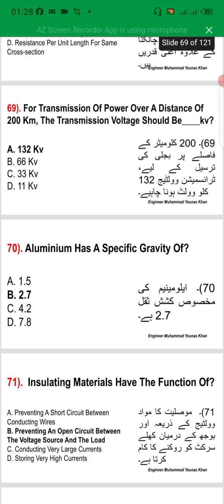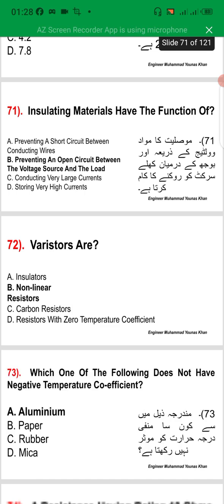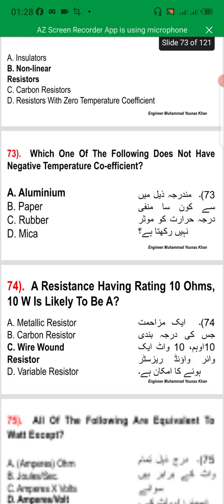For transmission of power over a distance of those kilometers, the transmission voltage should be 132 kV. Aluminum has a specific gravity of 2.7. Insulating materials have the function of preventing an open circuit between the voltage source and the load. Thermistors are non-linear resistors.